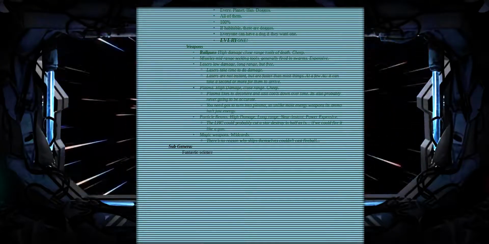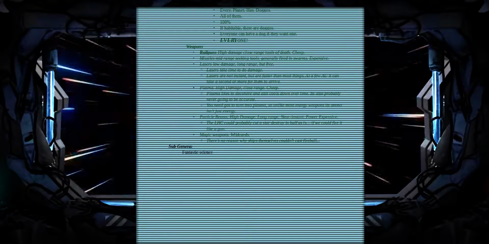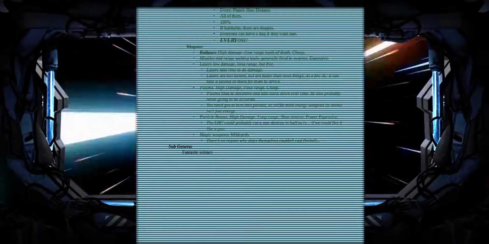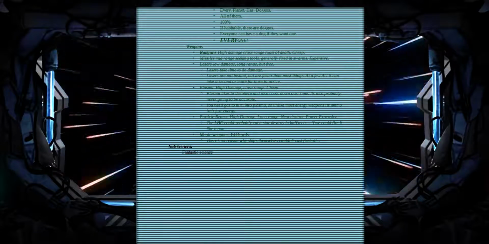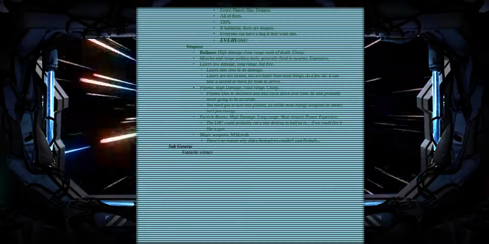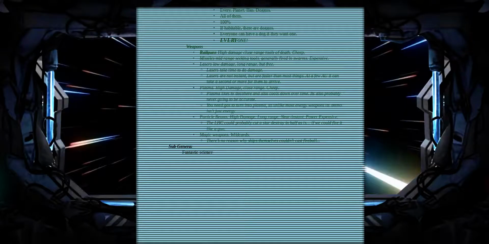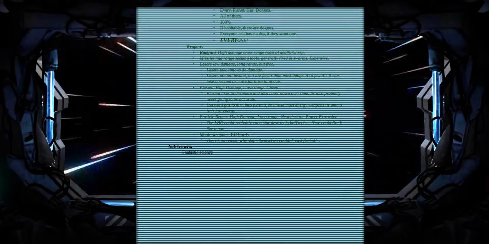Now, the LHC, the Large Hadron Collider, a particle collider we're using for science currently, it could probably cut a Star Destroyer in half in like a few minutes if we could fire it like a gun. They're actually stupidly powerful. And hitting something with one would probably make it undergo a small nuclear explosion.